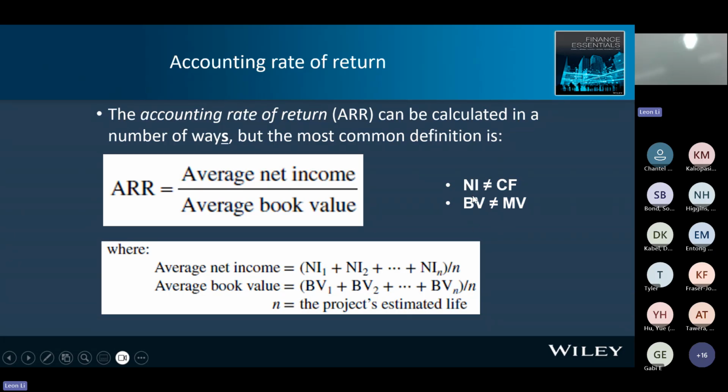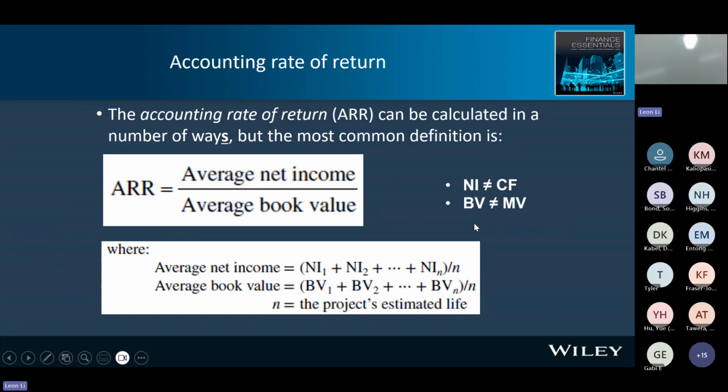So I have two notes for you. First, accounting net income is not equal to finance cash flow, right? We addressed this point before, and later on, I will show you the detail. Second, book value is not equal to market value, right?